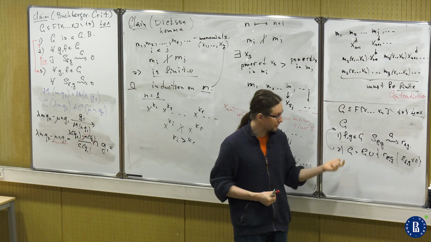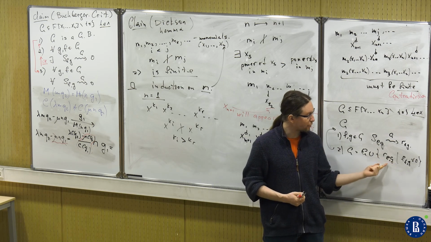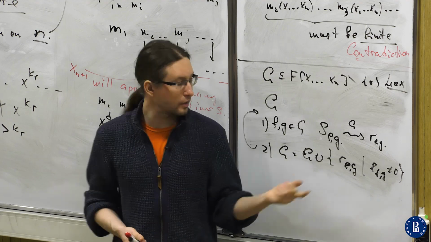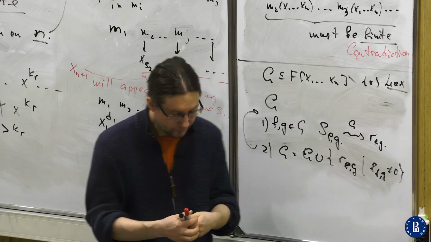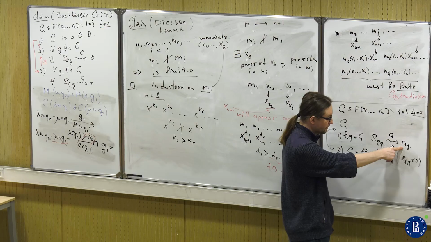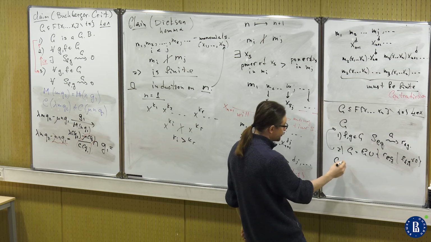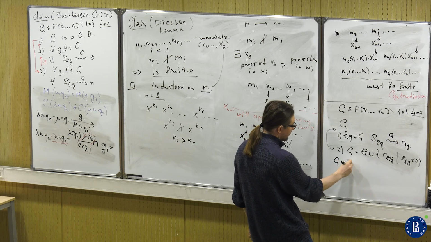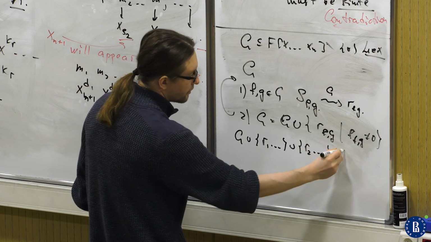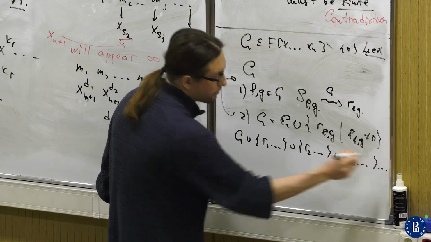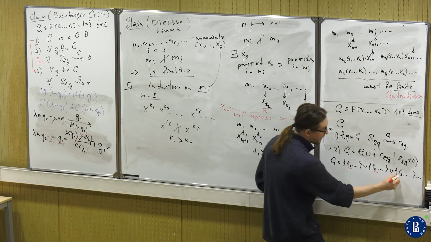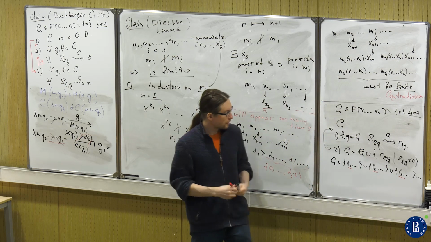Okay, if it doesn't terminate, it means that at each step we will add at least one new remainder. Let's take a look at the sequence of these remainders. Let's say we have G, then we added a remainder on the first step, then on the second step, then on the third step, and so on, okay? At least one remainder was added at each step.